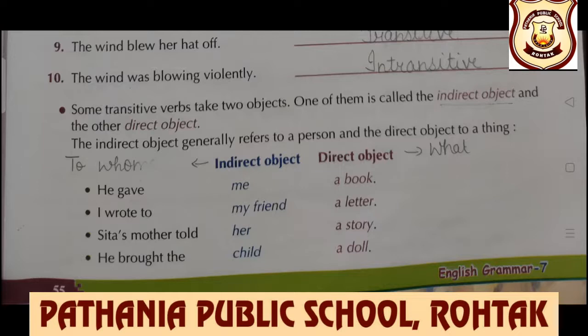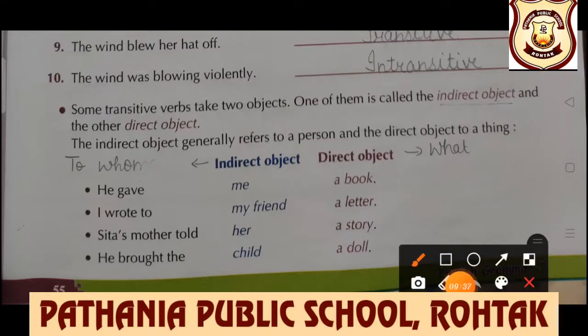Although we have seen, children, that this sentence is written in a perfect form, it has a meaning, it has a sense also. But here it is written, he gave me a book. If I speak the same sentence in another way, he gave a book to me, will it make a difference?